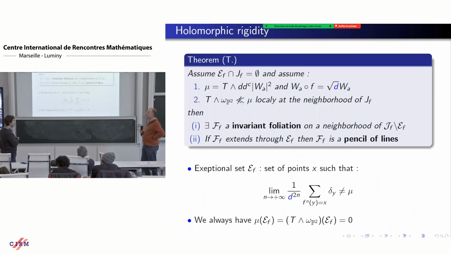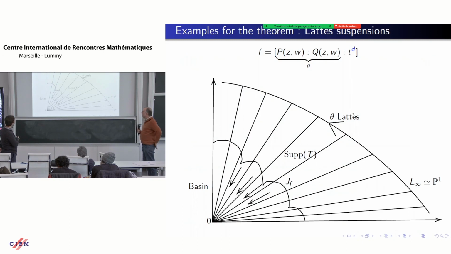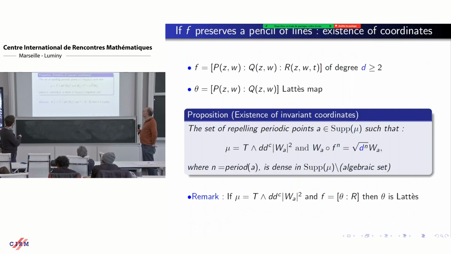So we expect that lattice functions, or more generally this kind of mapping that preserves a pencil of lines with a lattice map, are the only examples that satisfy the formula that is here. But we are not able to prove it yet. But we expect that maybe this formula itself is a characterization of mappings preserving a pencil of lines with a lattice map on it.